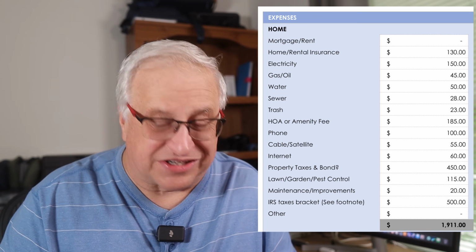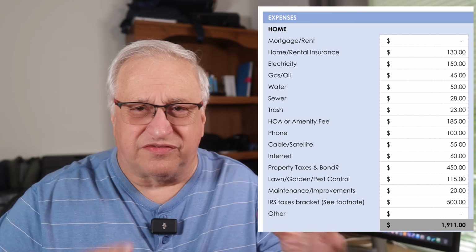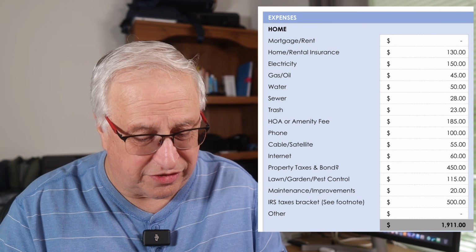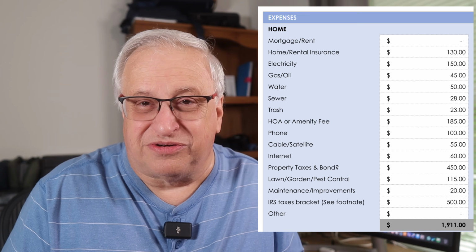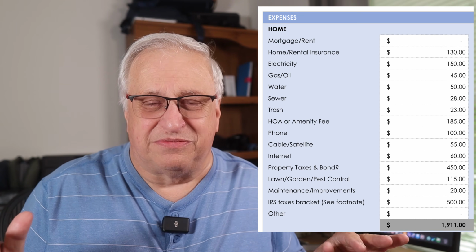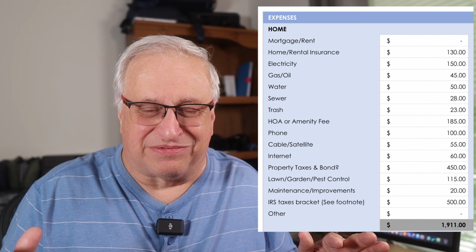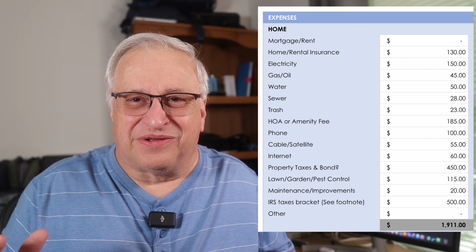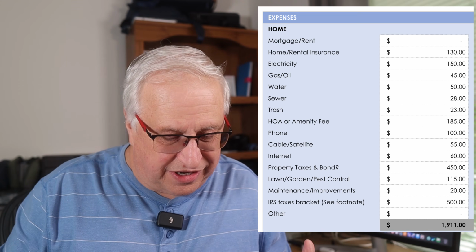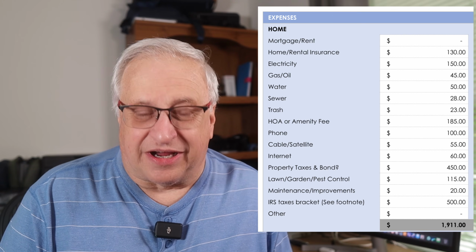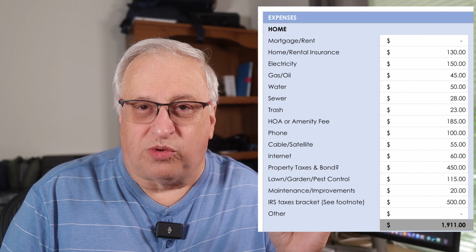Lawn, garden, pest control. If you're paying for outside services to maintain your lawn, those costs go in here. Maintenance and improvements. You know there's going to be maintenance and improvements to your property. Let's do the right thing straight out of the gate. Let's just put a number in. IRS tax brackets. I added this one because it's important.